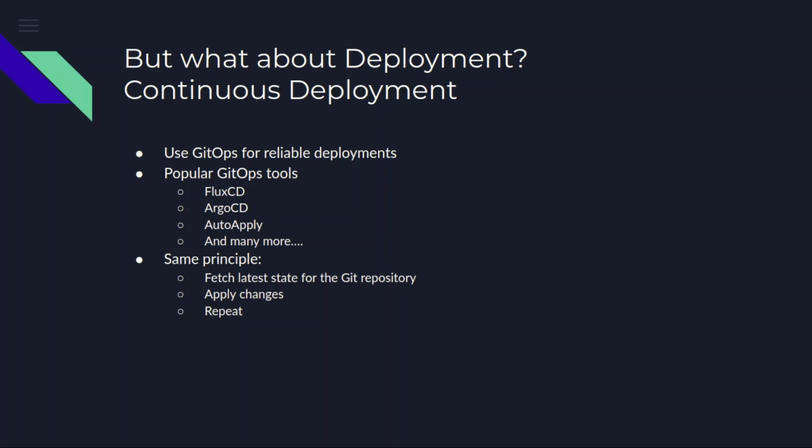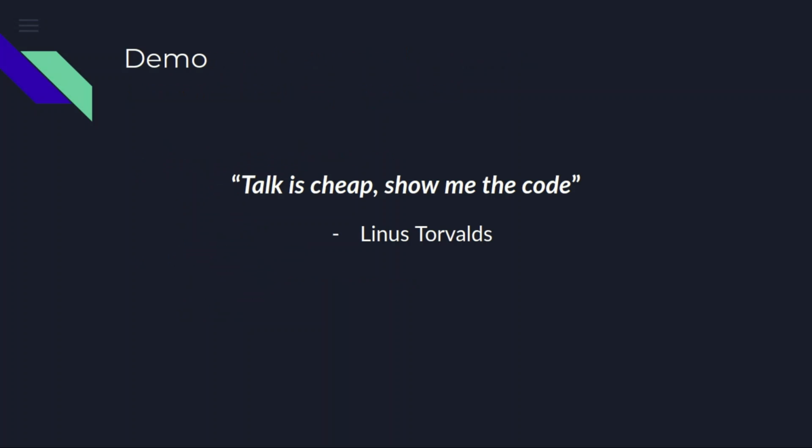Since GitOps tools are continuously polling the Git repository and looking for changes, whenever an image is updated on Git, the GitOps tool would fetch the latest tags, apply, and roll out the new application version.